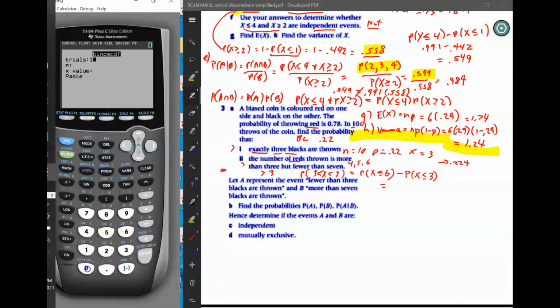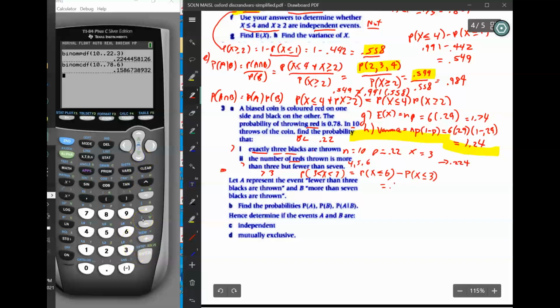So 10, 0.78, and we're looking for 6 first. We're doing CDF, so this would be 6 or less. And it'd be 0.159. And then the probability that x is less than or equal to 3, we could just copy this and then change the 6 to 3.